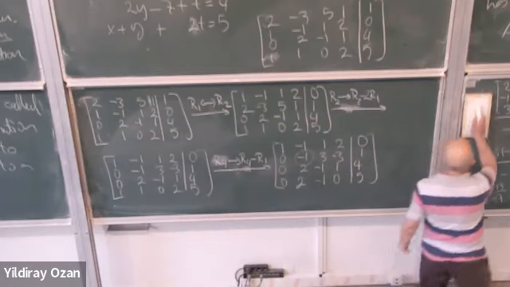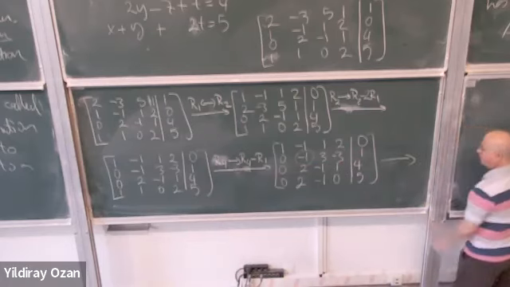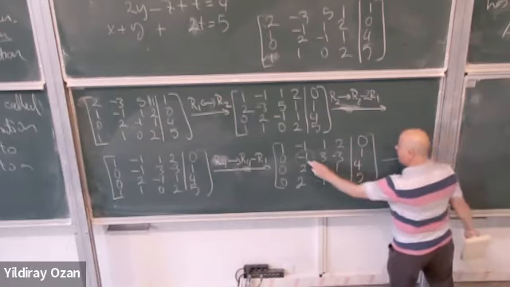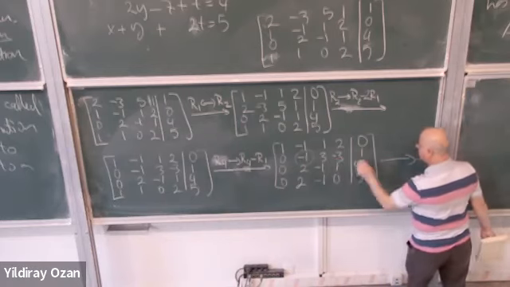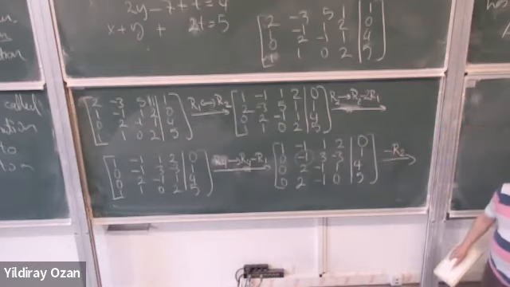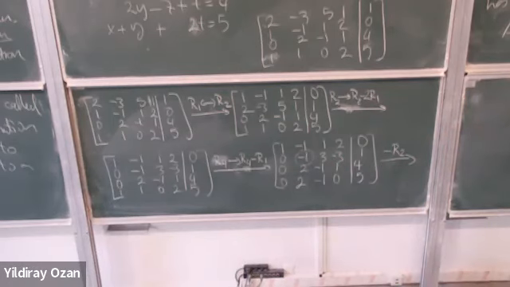Next. But first, let me make this one. So how can we do this? We multiply the second row with minus 1. So I can write it like this. Second row is multiplied with minus 1. Okay. So let's do that.